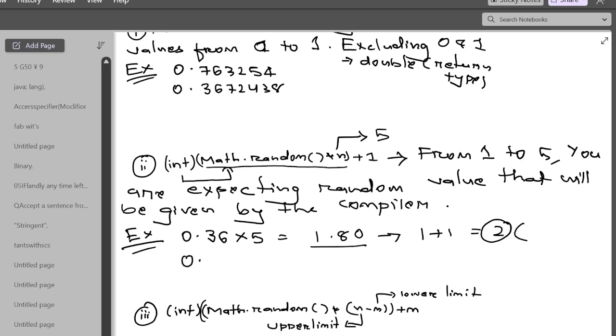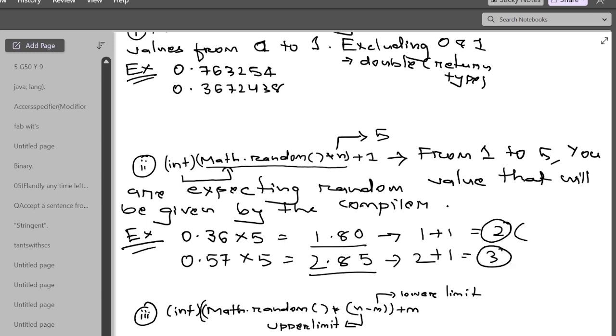Now let me take another example. 0.57 into 5. Why am I taking 5 every time? Because I want random values from 1 to 5. Now let's see the answer. 5 7s are 35, so 2.85. Now this will be converted into integer, which will be 2. Then 2 plus 1 is equal to 3.